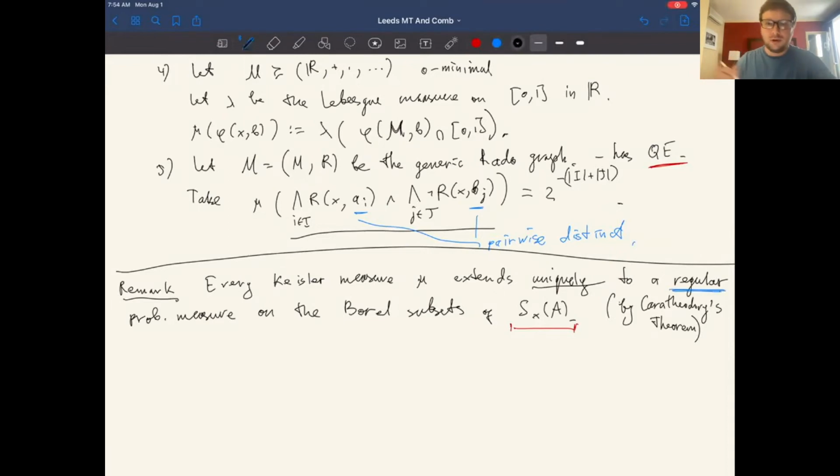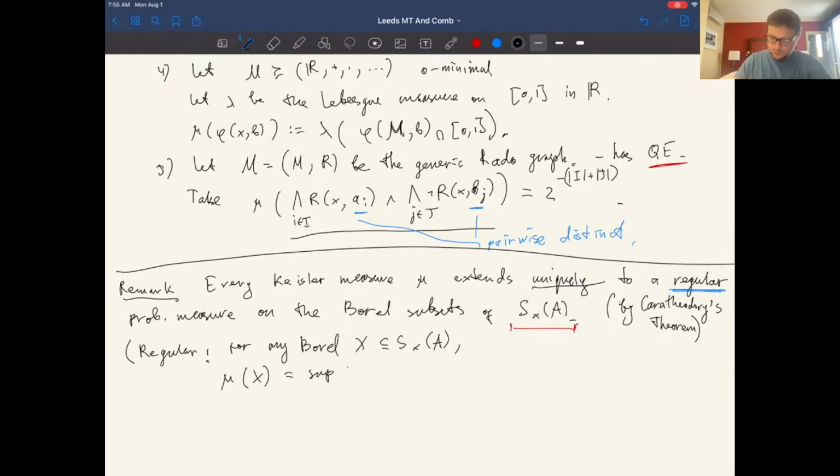A measure is regular if for any Borel set X of types, the measure of this set X can be obtained either as the supremum of mu of C for C a closed subset of X, or as the infimum of mu of O, where O is an open superset of X. So this is the typical condition one wants to impose when working with measures in measure theory.